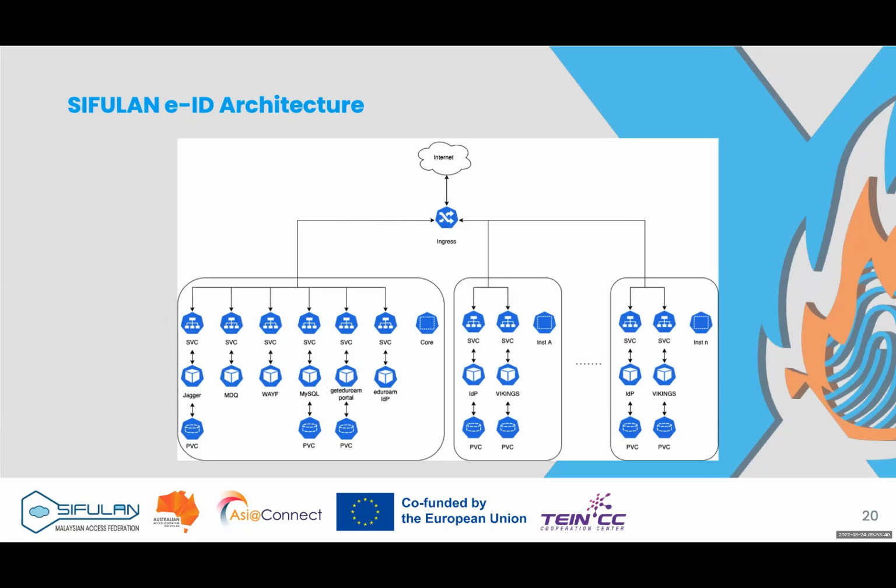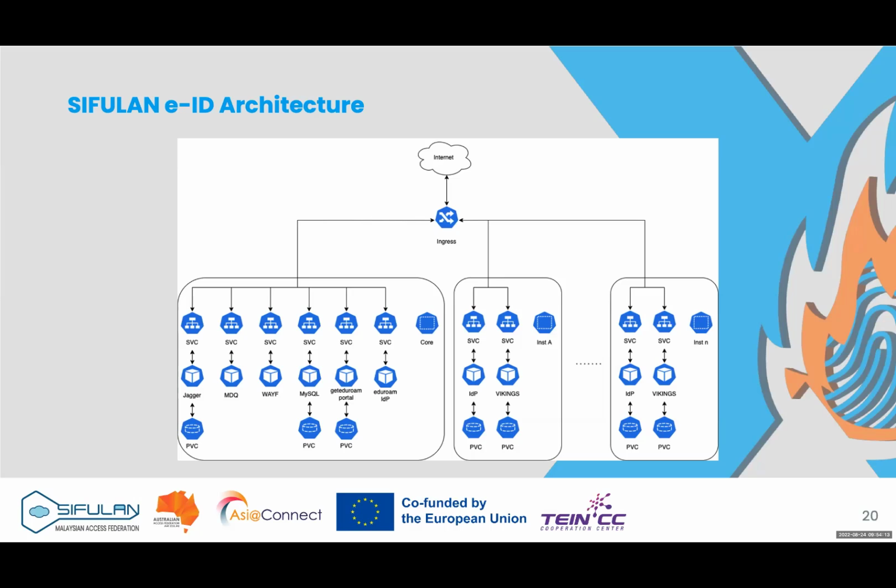So this is the architecture of SIFULAN EID. Actually, this is already simplified for the purpose of the iFIRExMAN project. Our deployment is actually more complex than this, but we try to make it easier for you to deploy. Basically, you would have several namespaces or partitions.